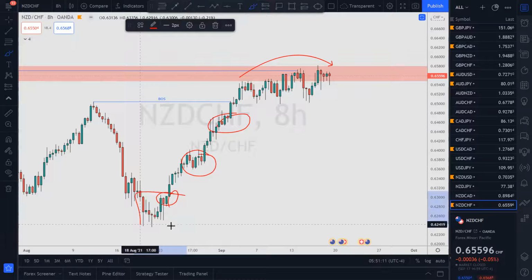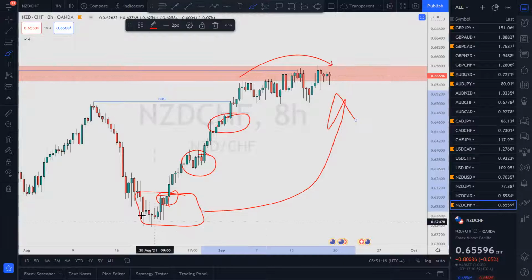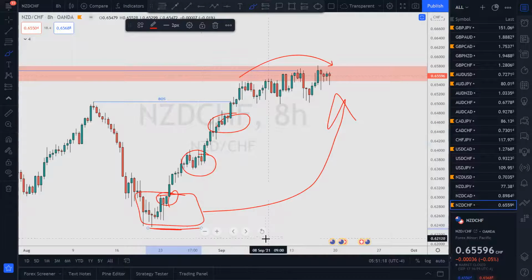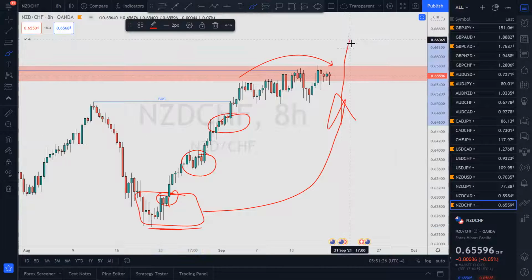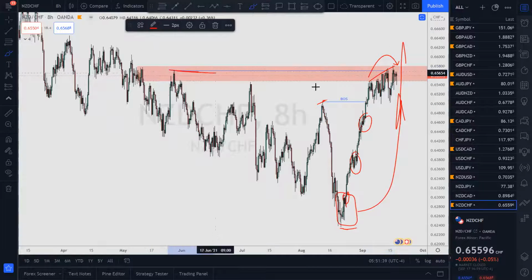So if it makes it down here, this is where I'm expecting price to turn up, because as long as it doesn't break this low, that means it's still maintaining bullish momentum, and we can reasonably expect price to make the higher high, higher than this one, higher than the break of structure, and then higher than this breach here. We're looking for a higher high to be made.